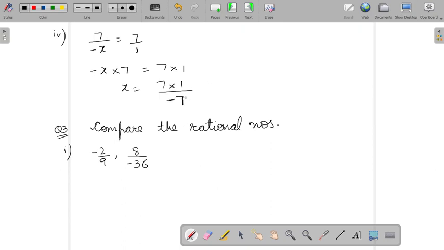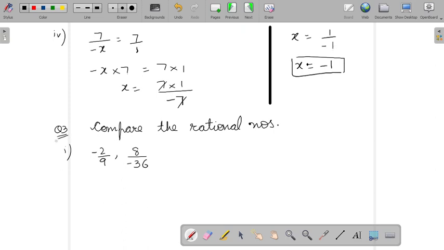Next step is to cancel it, so x would be 1 upon minus 1. Now minus in the denominator, so shift it to the upper side, so x would be minus 1. There is no need to write minus 1 upon 1 because it has the same meaning.